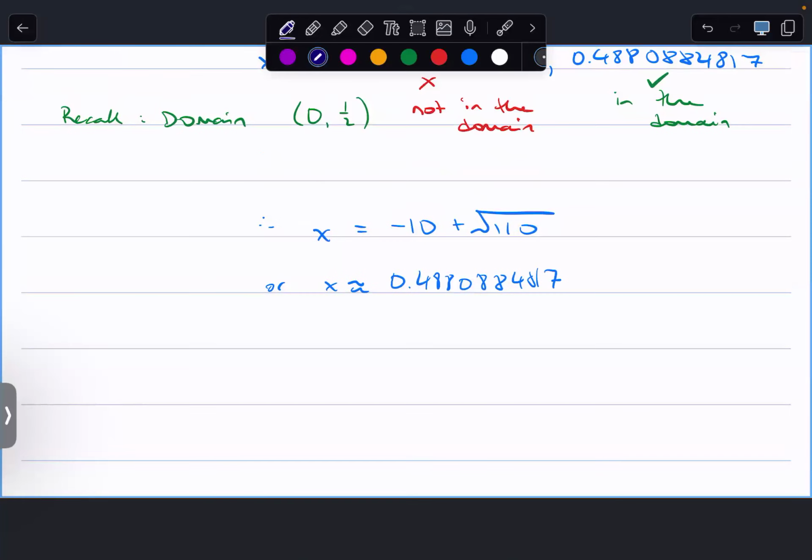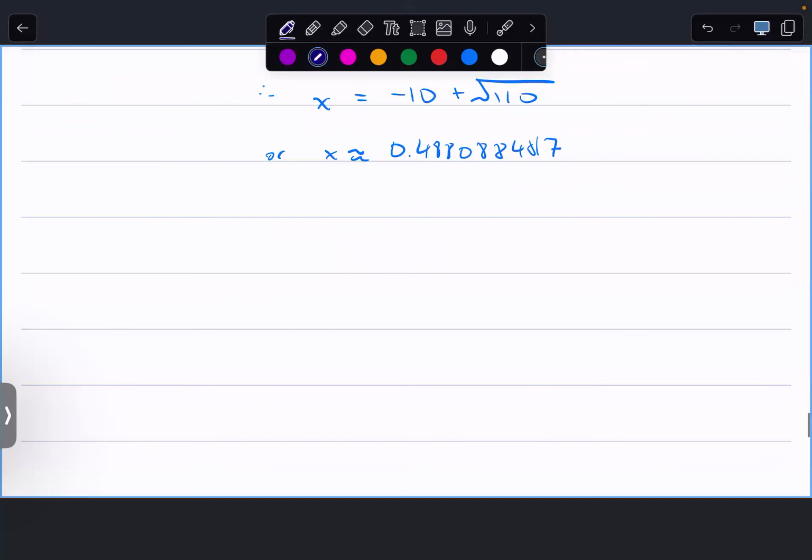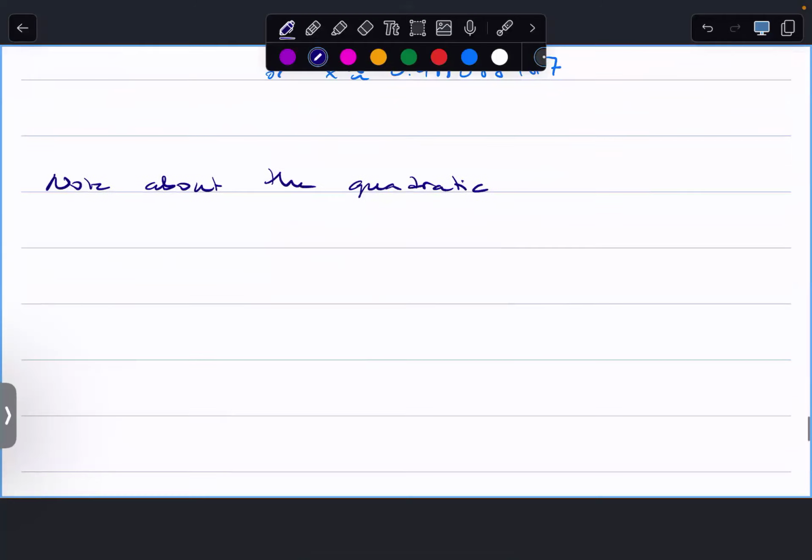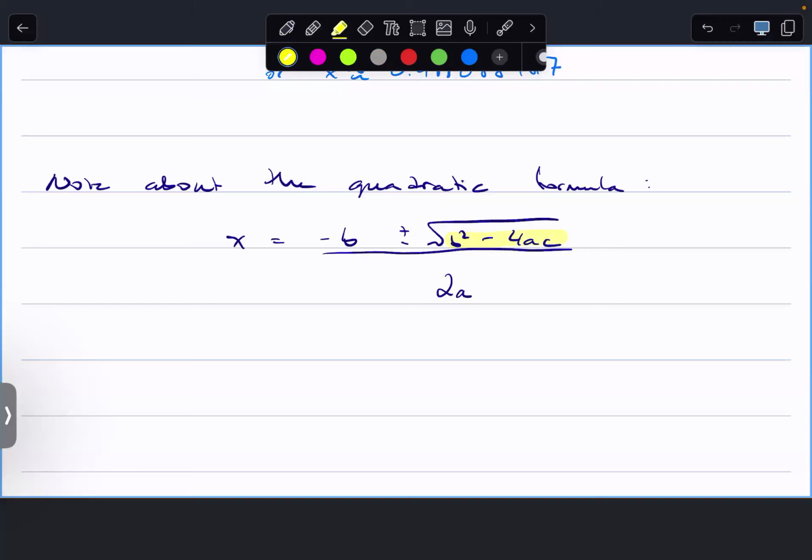A note about the quadratic. Quadratic formula. If you have x is negative b plus minus the square root of b squared minus 4ac over 2a, all of a sudden you're dealing with this square root.